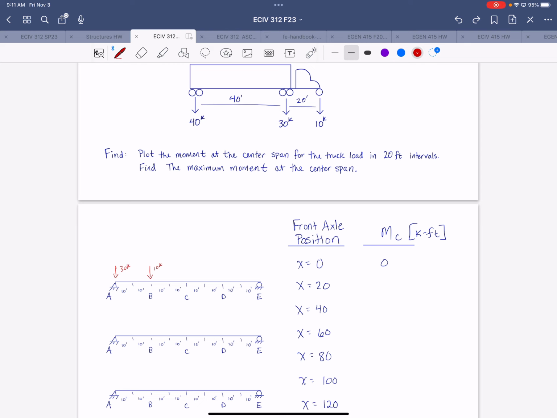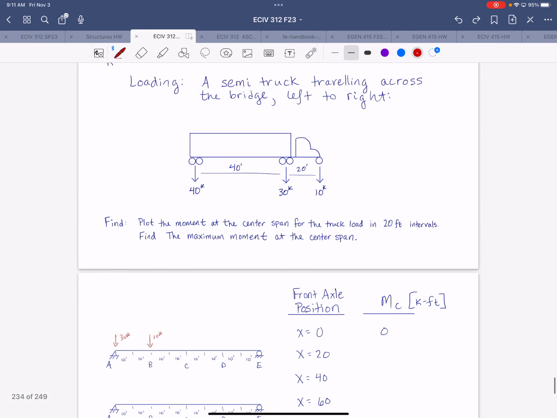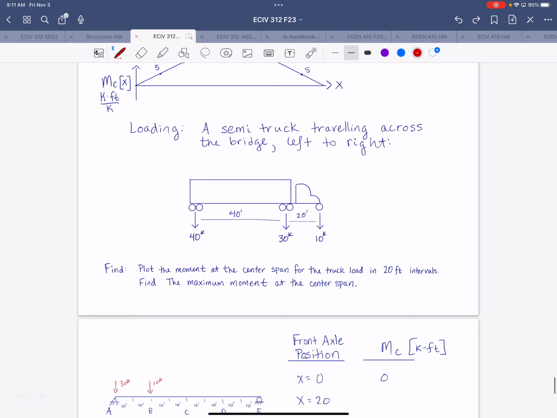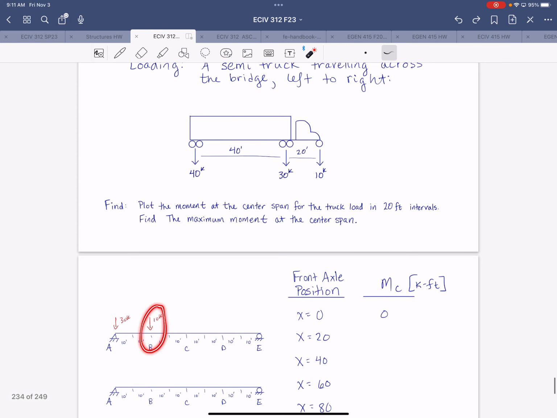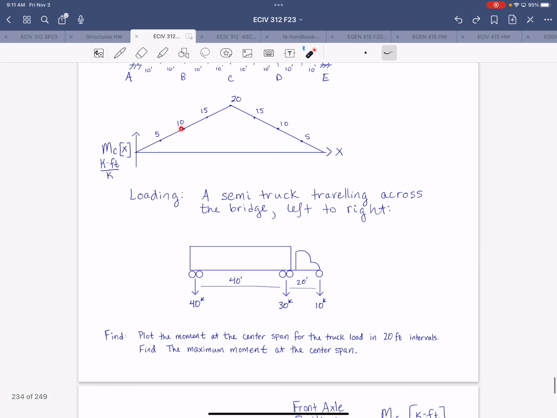And so our moment at C, we calculate it by simply taking the value of the point load and multiplying it by the value of the influence line at the same location where that point load is placed, right? So we have 10 kips located at B times 10 kip feet per kip at B.